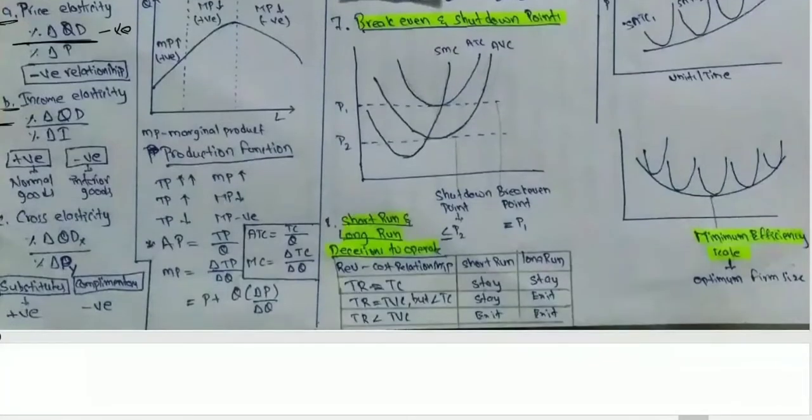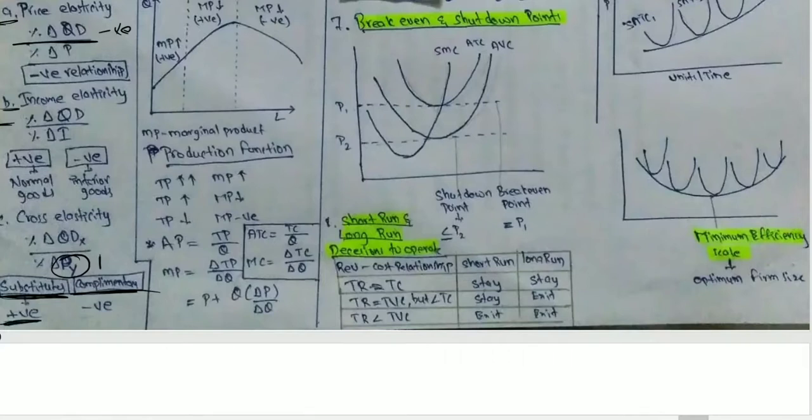Now, cross elasticity of demand. It is the percentage change in quantity demanded for good X when there is a percentage change in the price of good Y. Here Y may be either a substitute or a complement. When the price of a substitute increases, the quantity demanded of our good will increase, so it has a positive relationship.